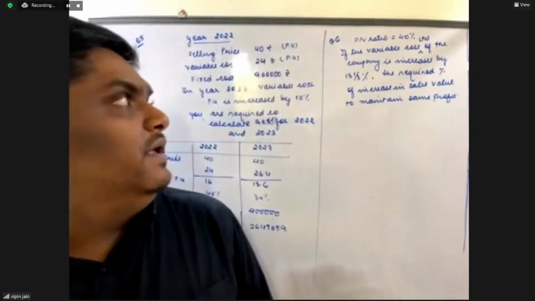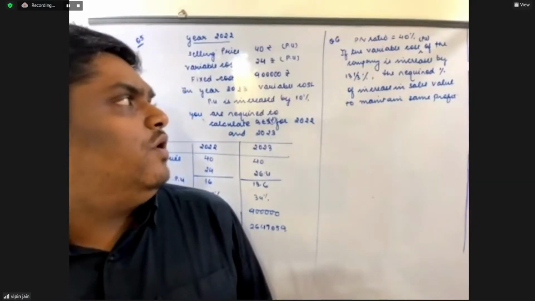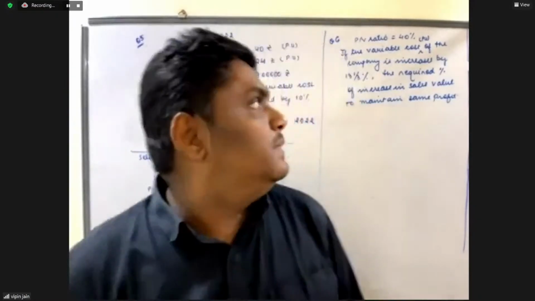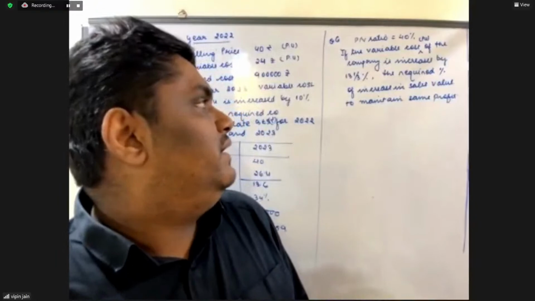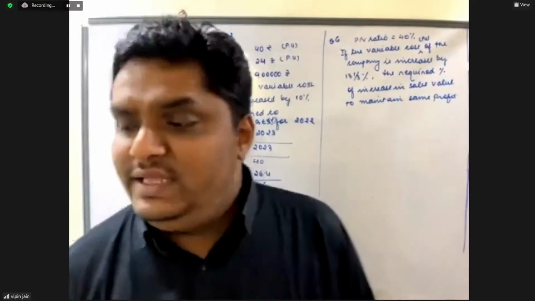So I repeat again, the PV ratio currently is 40%. If the variable cost per unit of the company is increased by 13.3333%, that is 13 1/3%, what is the required percentage of increase in sales value to maintain the same profit?